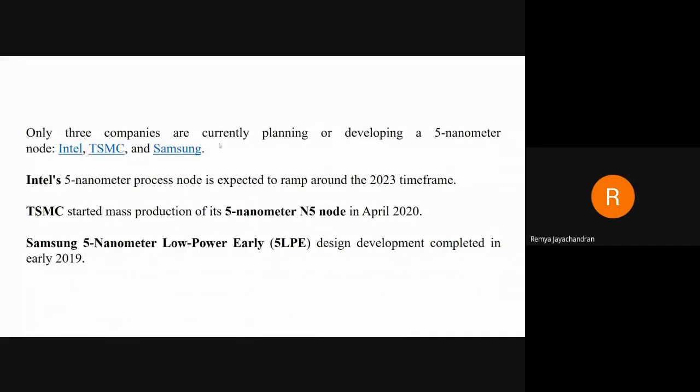The main companies currently developing or planning for the 5 nanometer technology node are Intel, TSMC, and Samsung. TSMC has already started mass production of the 5 nanometer node, and Samsung has developed a complete design in the 5 nanometer technology node.